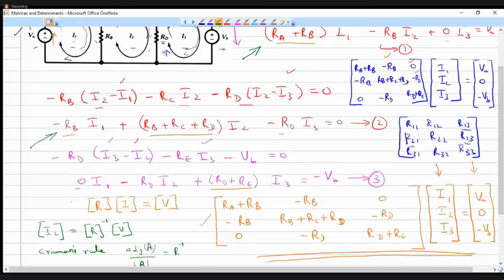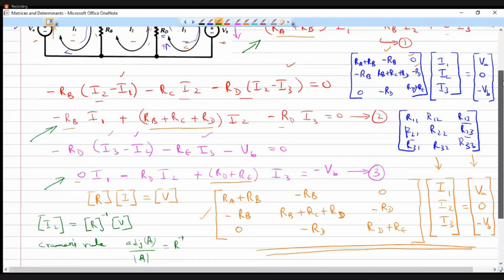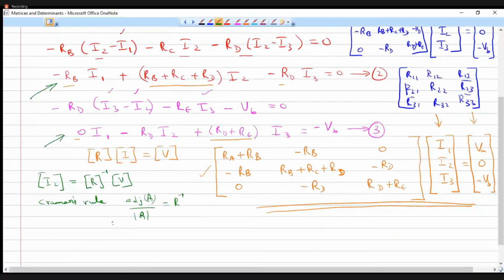Whereas it is very easy to write algorithms to find the determinant of a matrix, the adjoint of a matrix, and then how to divide the matrix to find the R inverse. Also, we can write algorithms to multiply two matrices.